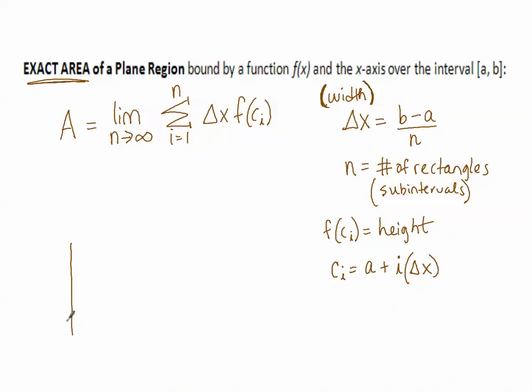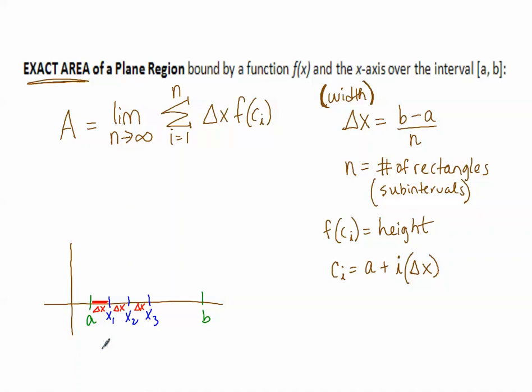Let's look at that again so that you're sure. Here is the starting point a. The first x, the second x, the third x, so on and so forth until we get to the end of the interval. Each of these subintervals is delta x big, delta x big, delta x big. That's the width. So to get x sub 1, to get that x coordinate, that is the c sub i.